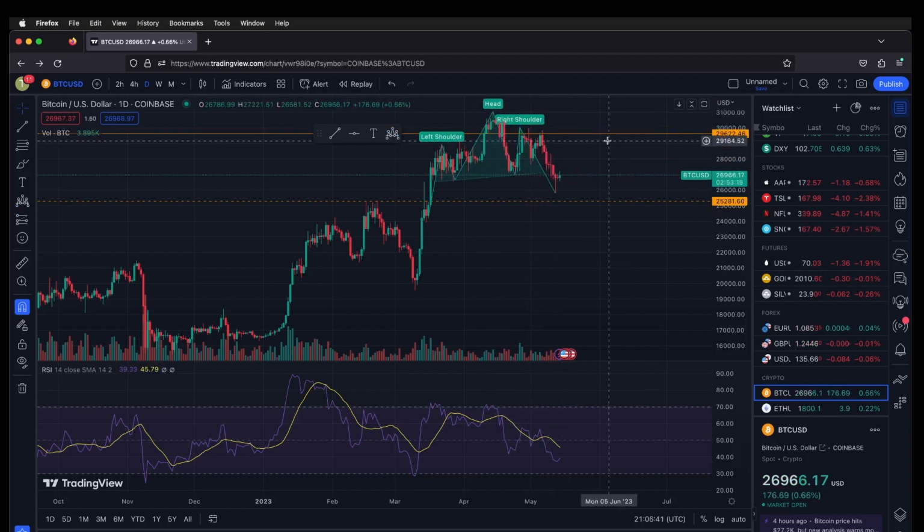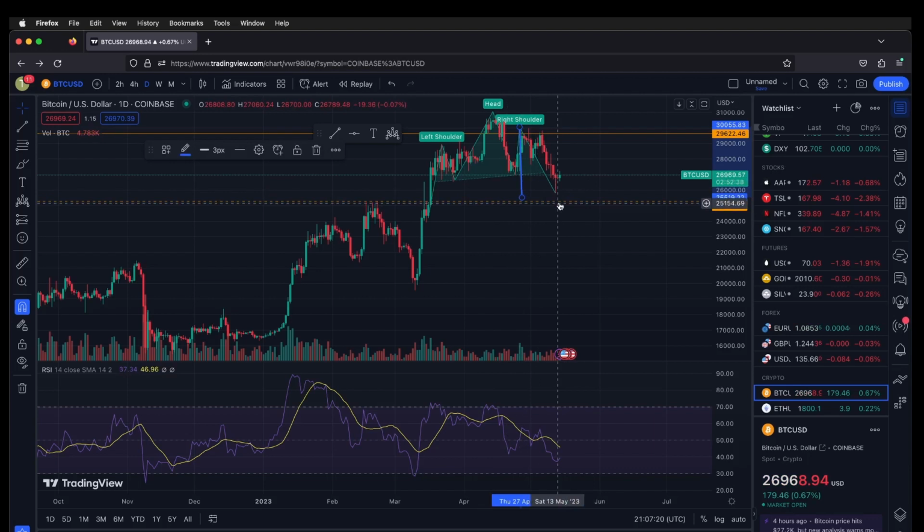And typically, how you trade the head and shoulders is you draw a line from the head to the neckline. And this is the neckline. Let's draw a trend line from the head to the neckline, from the right shoulder, and then this is your target here, which is very close to where we have this.